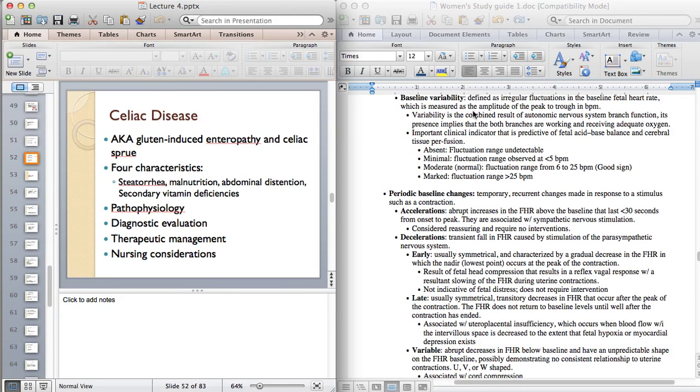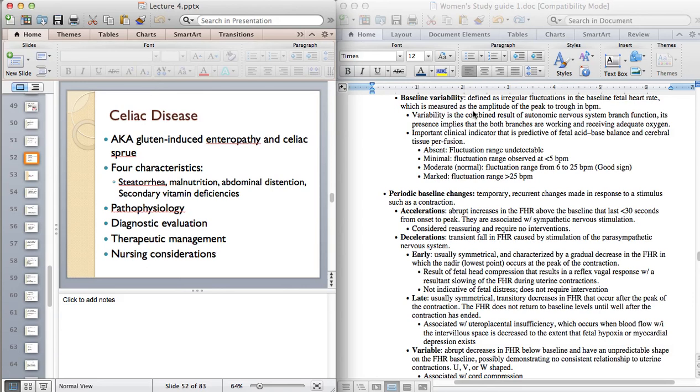They cannot have the others. So, because they cannot digest it, now they have fat in their stool. They have malnutrition. Their abdomen is distended, in addition to lacking vitamins.